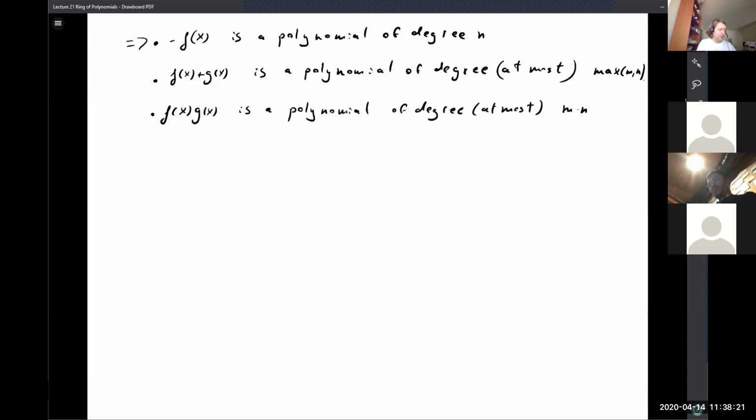Now you might ask, why do I want to say at most in the last part? That's because I never put any restrictions on the ring R. In particular, the ring R might have zero divisors. Okay, so let's go ahead and consider a couple of examples.